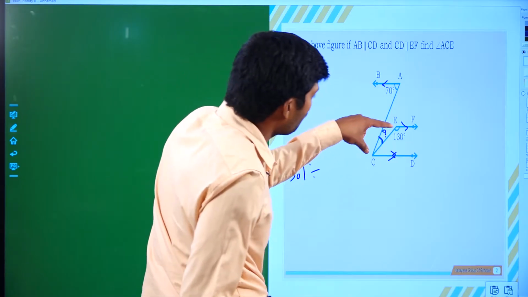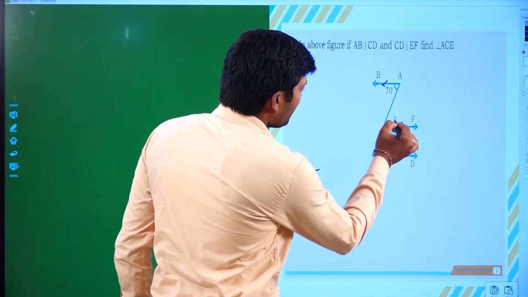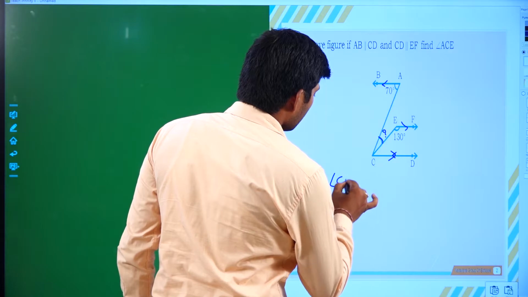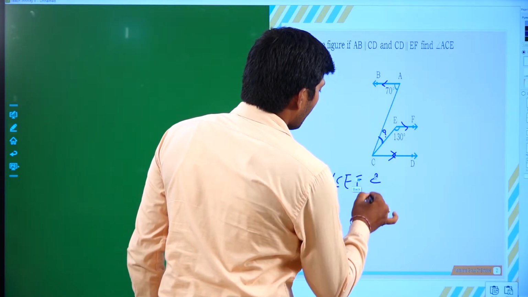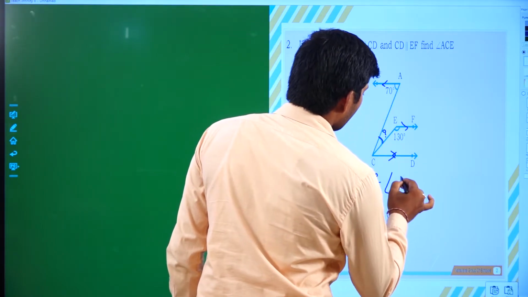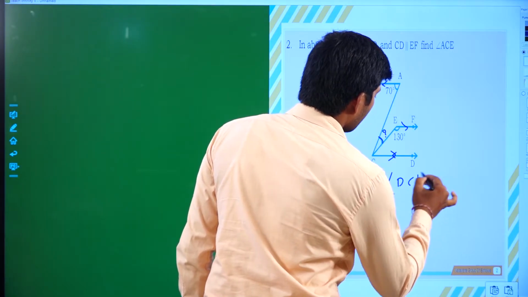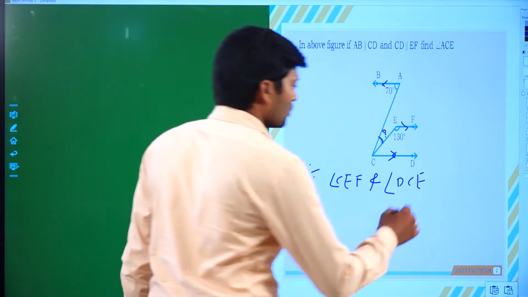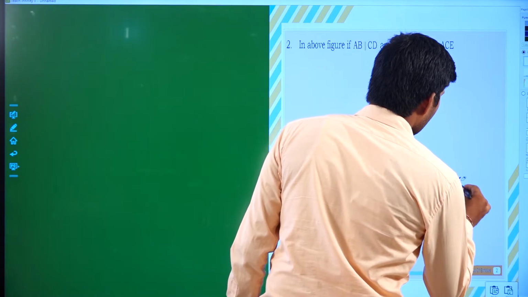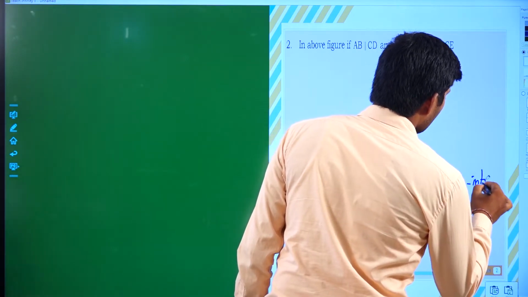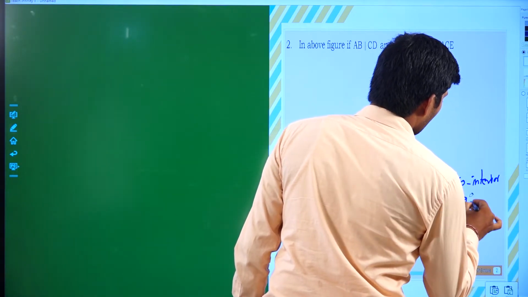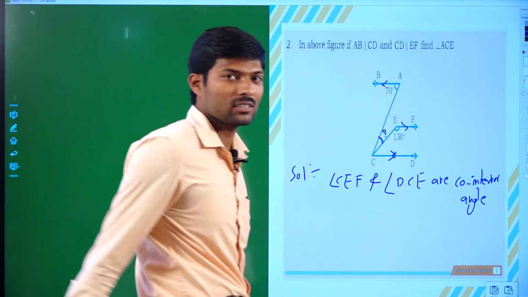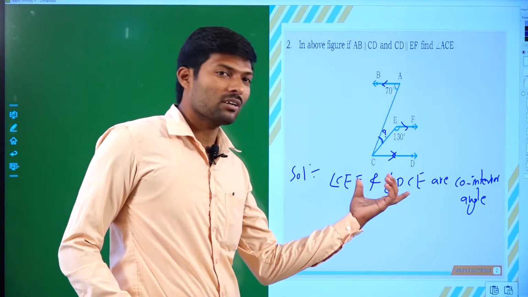If you take these two, angle CEF and angle DCE are co-interior angles. If two angles are co-interior angles, the sum of those two angles must be 180 degrees.